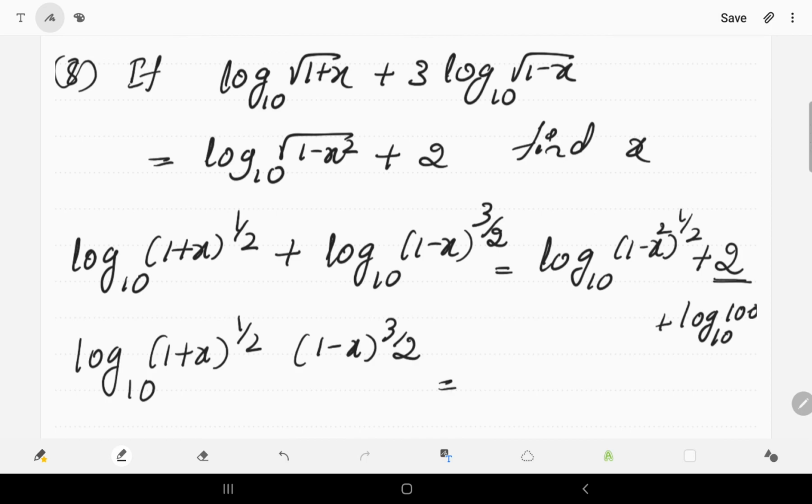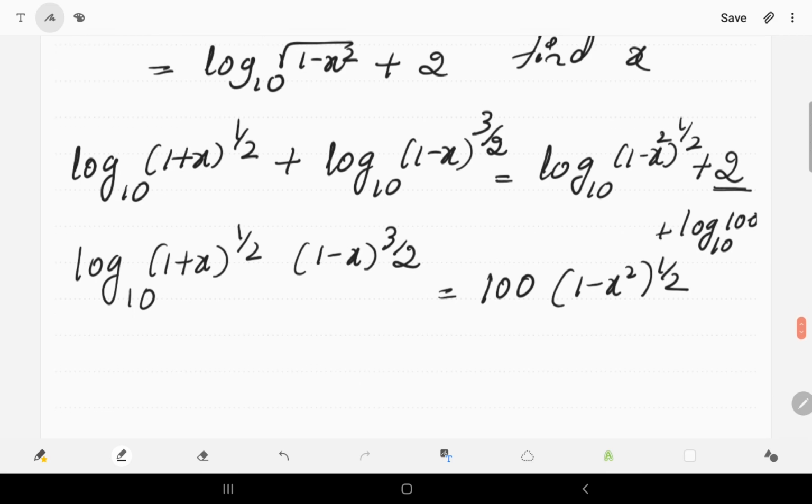So this is equal to 100 into 1 minus x square raised to 1 by 2, because here also we have written 2 as log of 100 to the base 10, so here also we have to write log of 10.